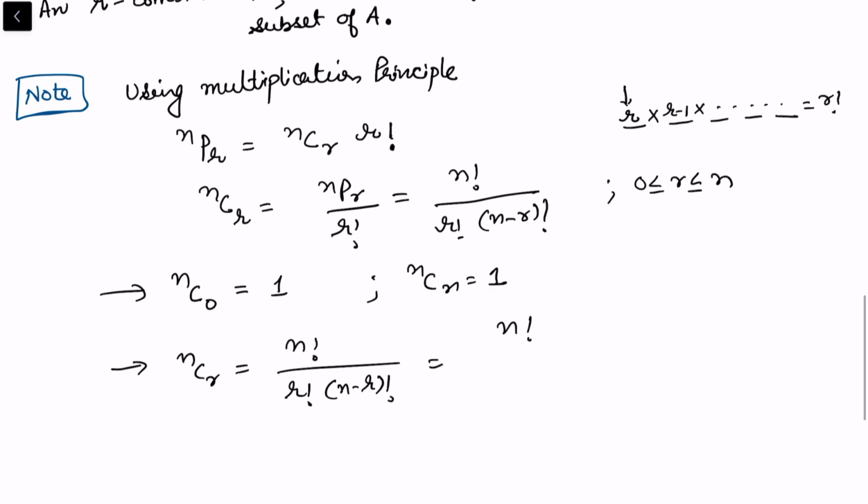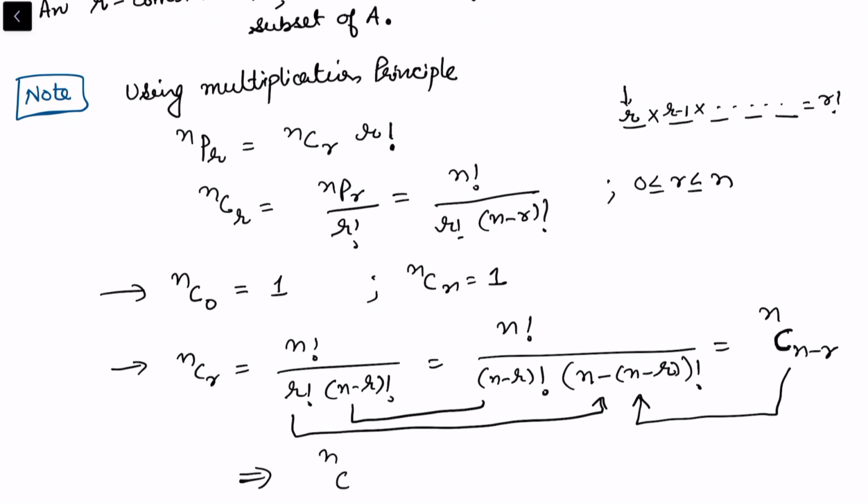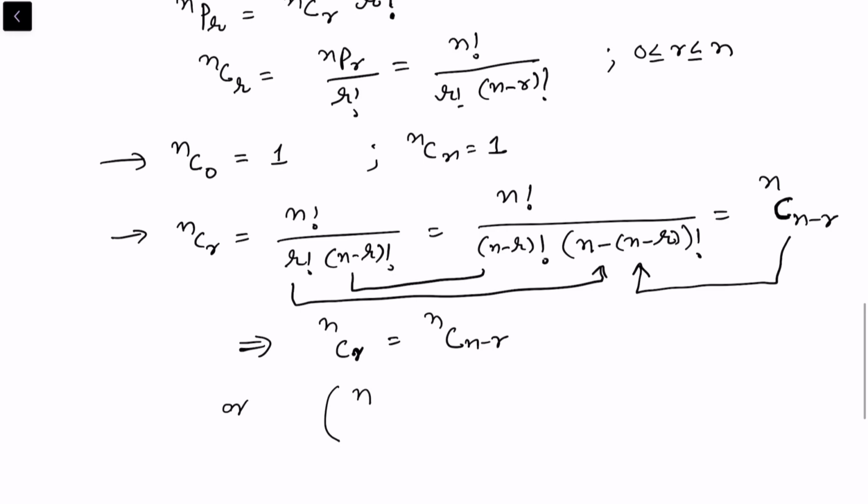If I keep the n minus R factorial here, and write the R factorial as n minus (n minus R) factorial, the term is the same. So I can write this as NC n minus R. So from here we can see that n choose R is the same as n choose n minus R. This is another notation that we can use for the combination.